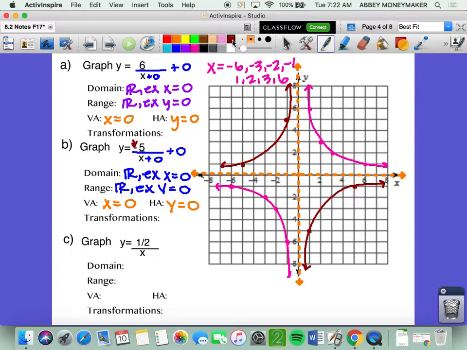On C, we're doing the same thing. You know what the domain, range, vertical asymptote, and horizontal asymptote are. Those are all the same.